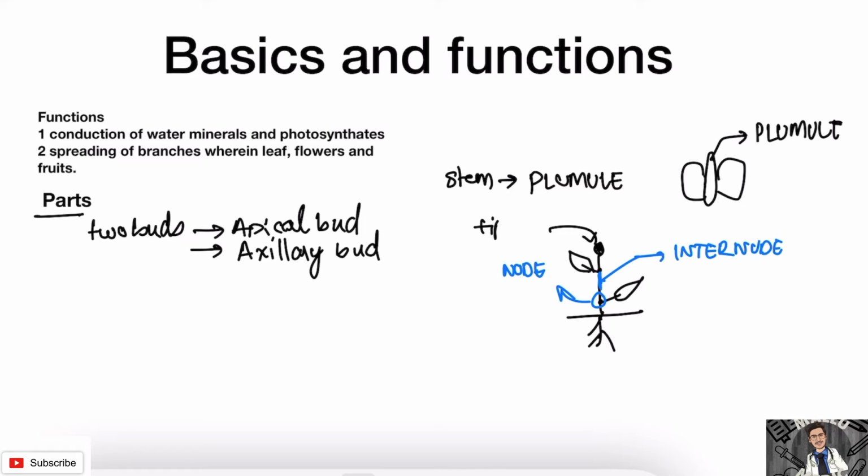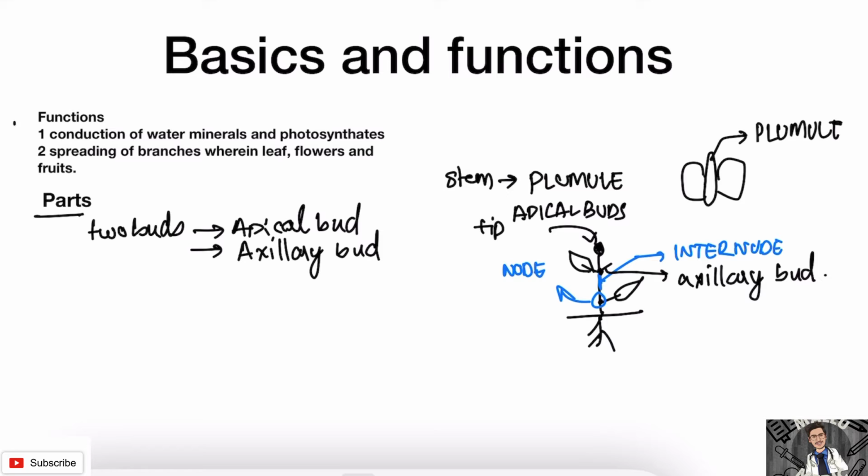They are the apical buds. If the buds are seen in the lateral or side positions of the plant, see, if we have a bud over here, then we call it an axillary bud. So I hope you have learned what the buds are, where they are present, and what the types of buds in a stem are.